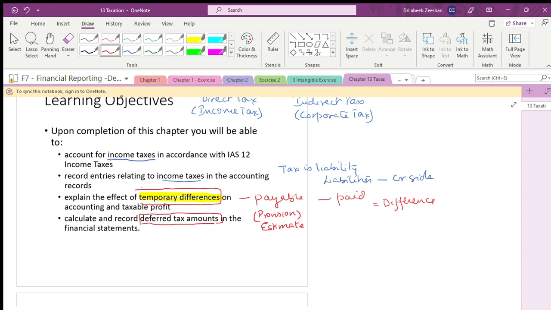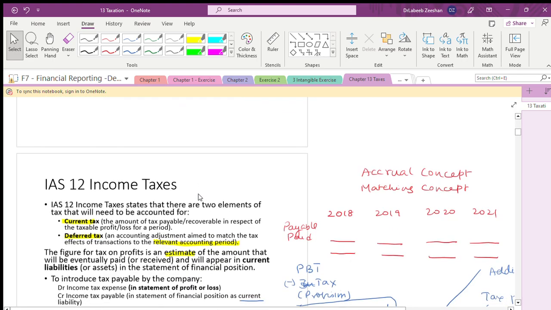And sometimes we pay tax in advance also. When we reconcile it, there will definitely be some temporary difference, and based on the taxable profit we calculate and record the deferred tax. Deferred tax is the tax going to be paid in a forthcoming period.